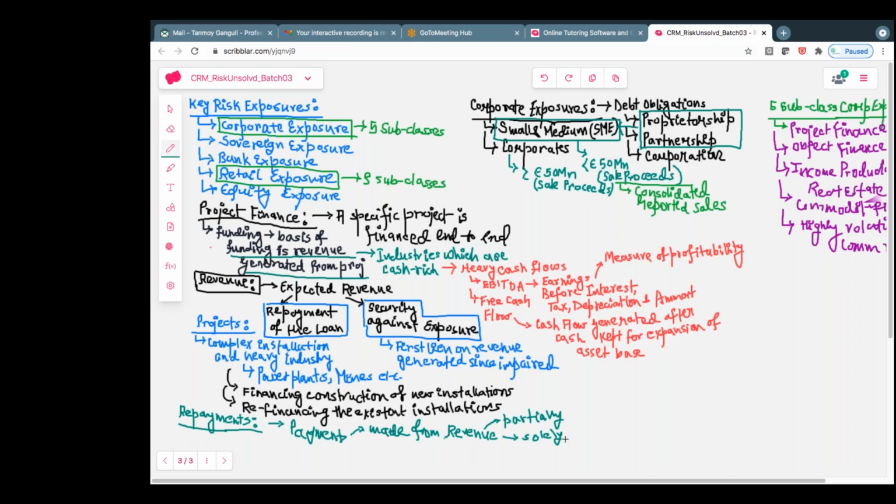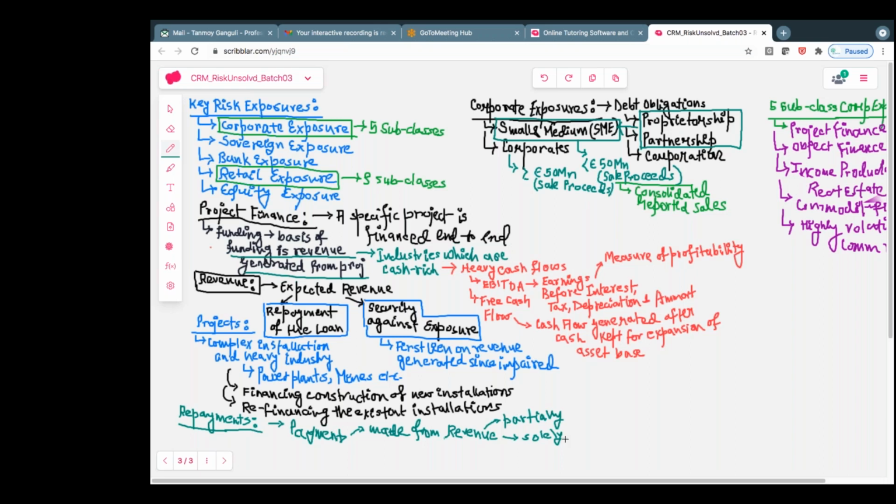So basically, let's say that we are starting off in electricity. There's an electricity provider who sets up his own power plant. Now he starts manufacturing electricity, right? Once his revenue starts coming in, a part of his revenue goes to paying his EMIs.